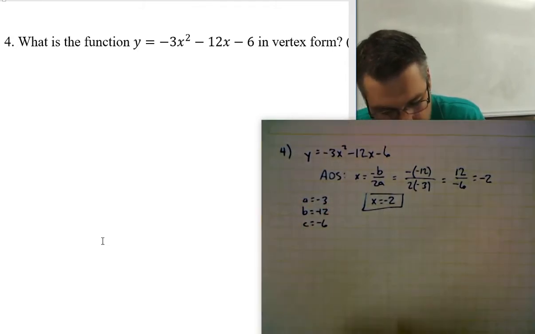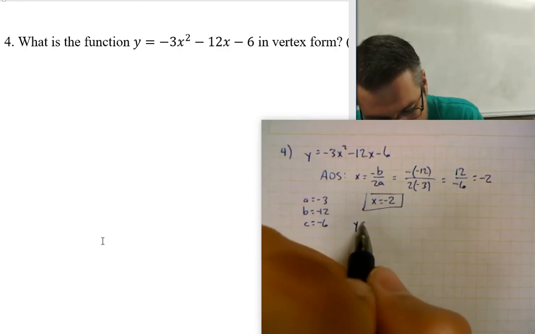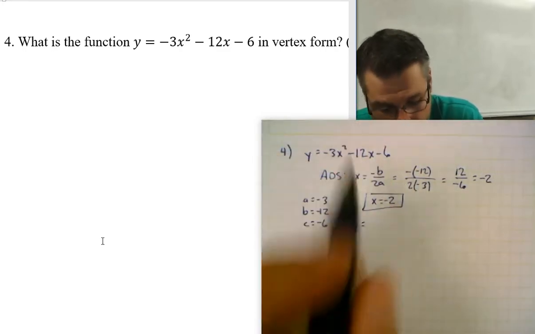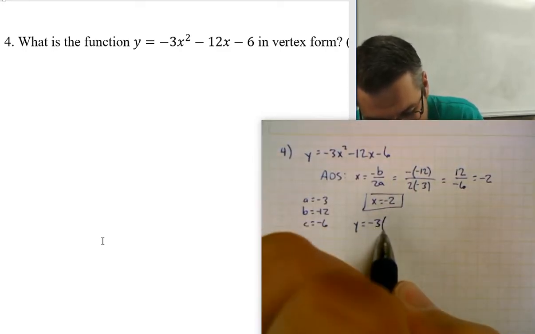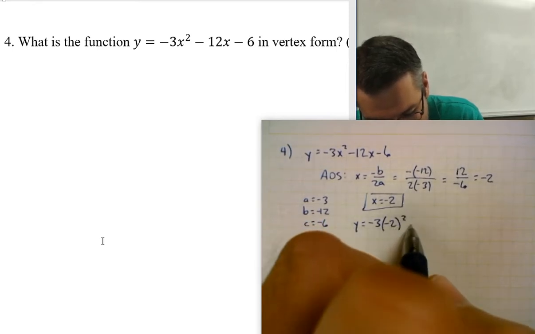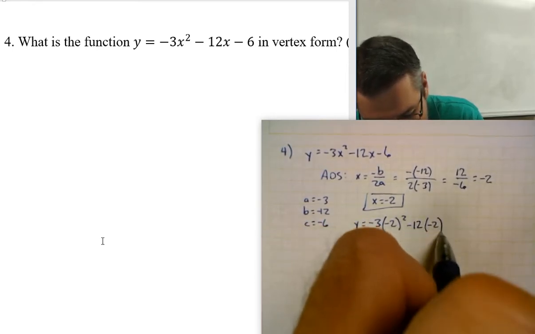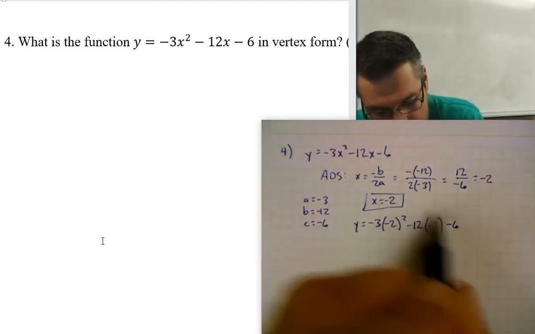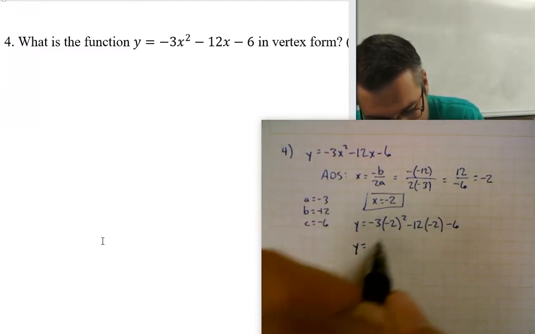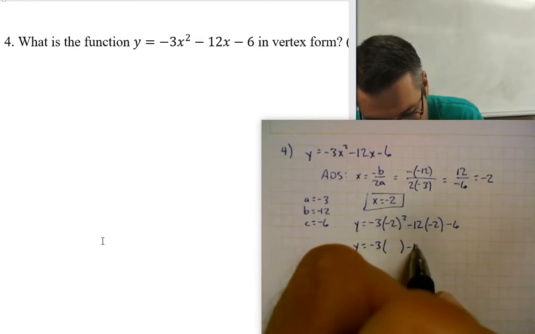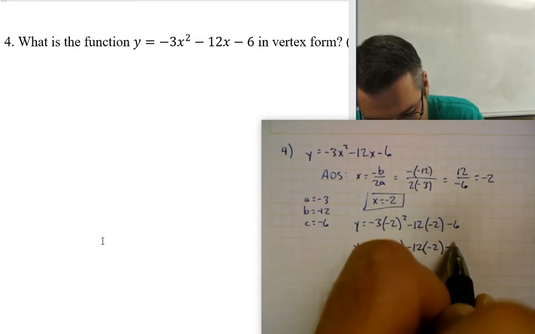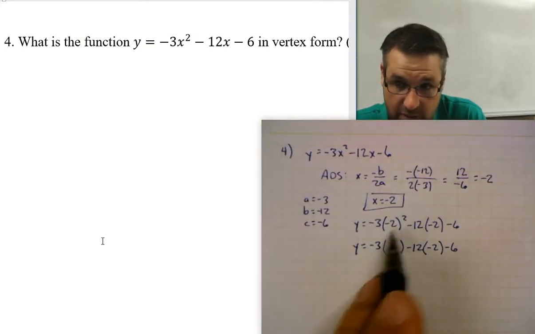That's the first thing. Then we need to find the vertex, so we're going to plug that into our function. We get negative 3, parentheses, negative 2 squared, minus 12 times negative 2, minus 6. And again, order of operations, do the exponents first. So negative 3, we're going to carry everything else down and only focus on the exponent. So what's negative 2 squared?